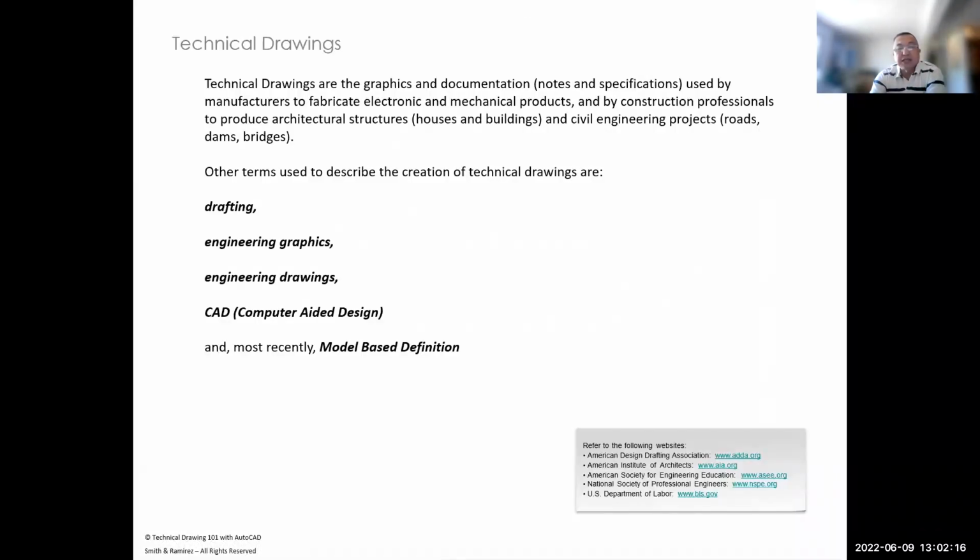Chapter 1 basically covers the fundamental concepts of technical drawing. When we talk about technical drawings, there are actually a number of names. We could hear drafting, drawing, graphics. All those names, especially drawing and graphics, seem to be used equally frequently.